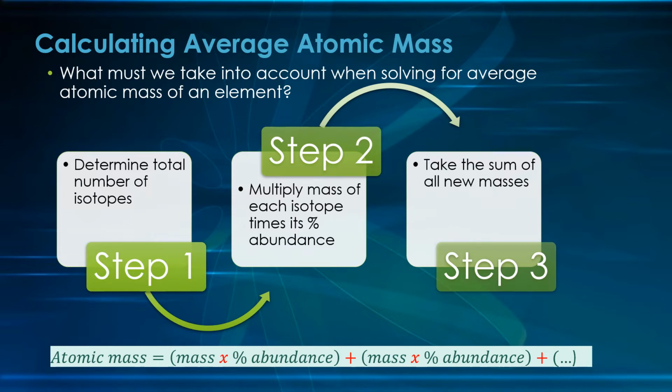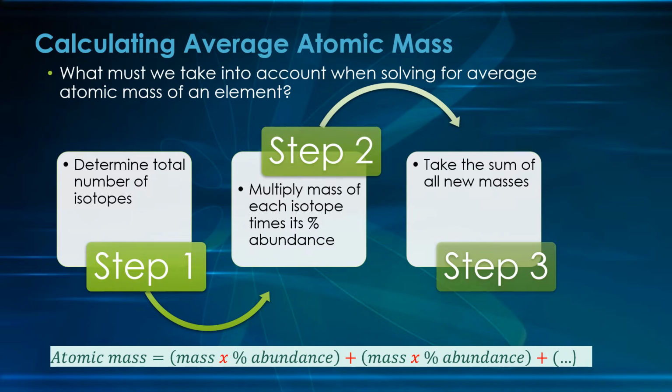Step 2. We're going to multiply the mass of each isotope times its percent abundance. Percent abundance just means how popular it is in a sample if I were to get it naturally in nature. So if I scoop up some carbon, how many would be carbon-12 atoms, how many carbon-13, and how many carbon-14? And the last part, step 3, we're going to take the sum of all of the new masses.